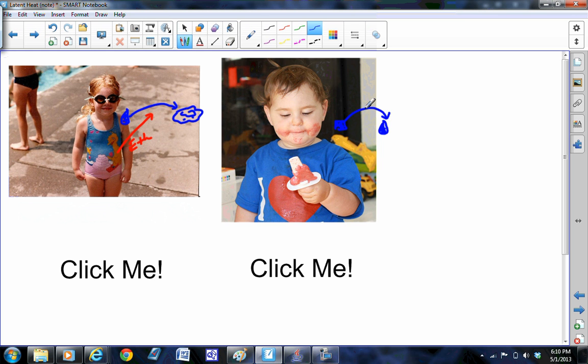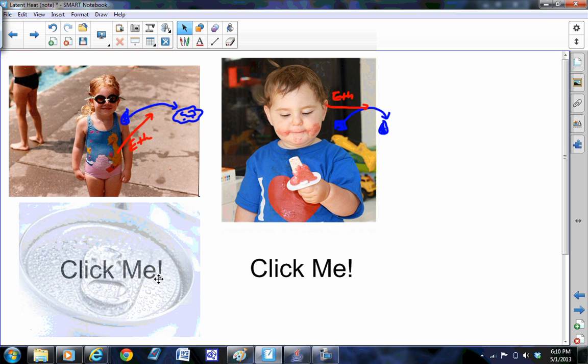In order to do this, we have to break the bonds between the particles of the solid. And what happens is we're going to be absorbing energy from the boy. So the energy is going to go from the boy to the solid ice, changing it into water. And as a result, the boy's body is going to cool off. It's going to lose a little bit of energy.